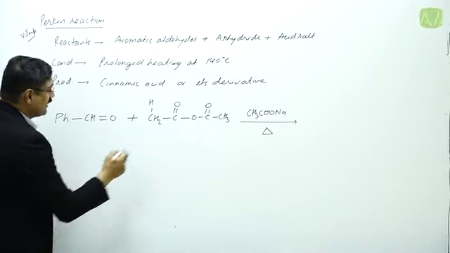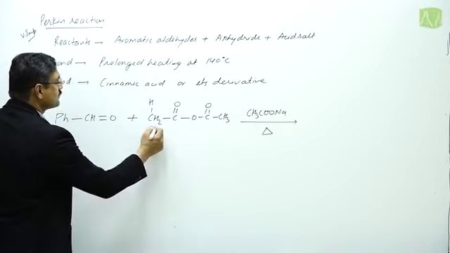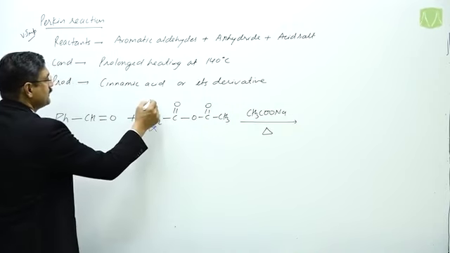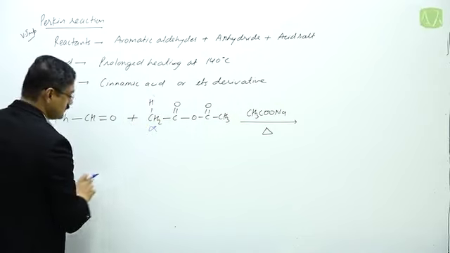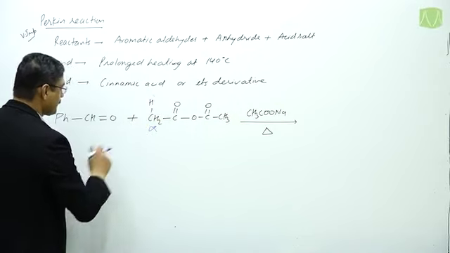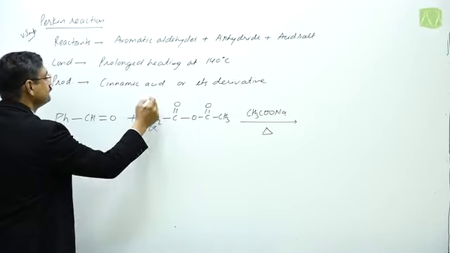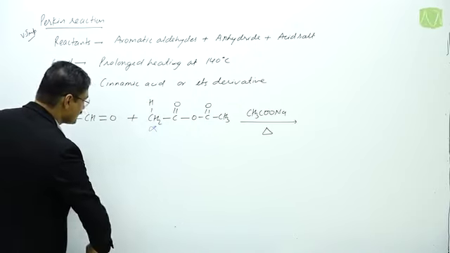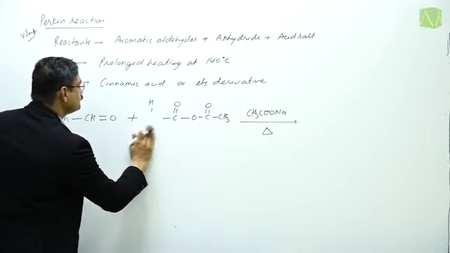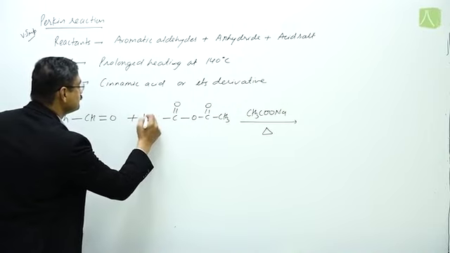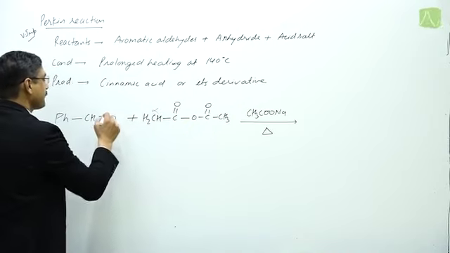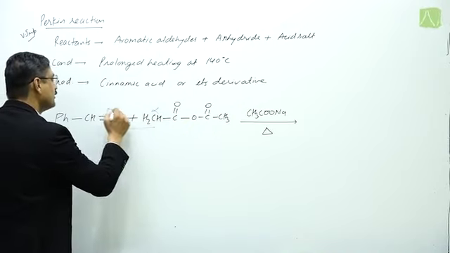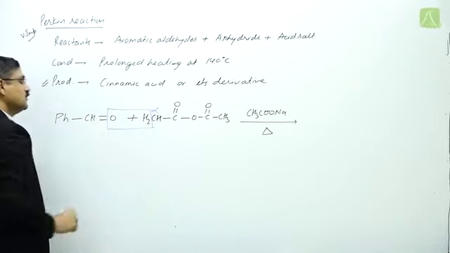In case of anhydride, this is the alpha carbon. So alpha H must be present. So this alpha H is removed from here. But overall I write like this, CH2CH, this is the alpha. So remove the water molecule from alpha H and oxygen of carbonyl.